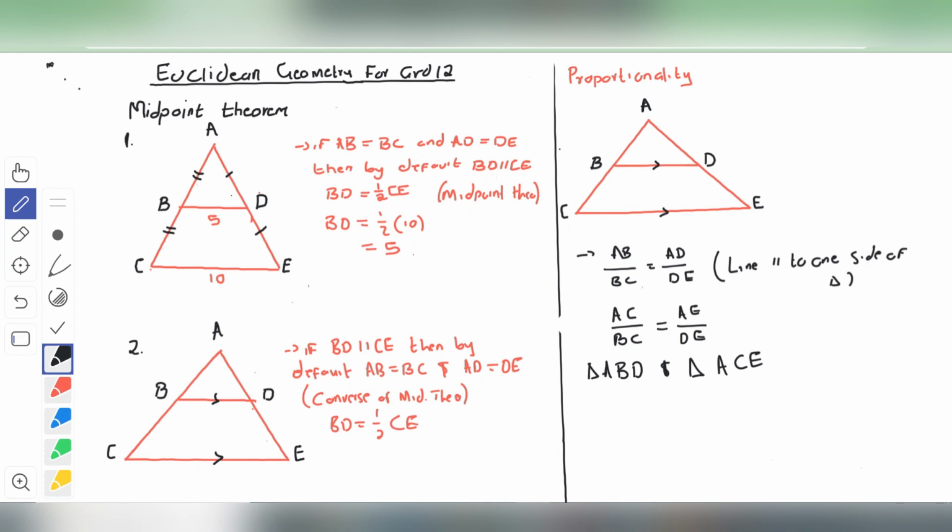As we can see, we have triangle ABD and triangle ACE, and the question says prove that triangle ABD is equal to triangle ACE. What are you going to prove? In fact, it's going to say prove that triangle ABD is similar to triangle ACE. So how do we prove it?